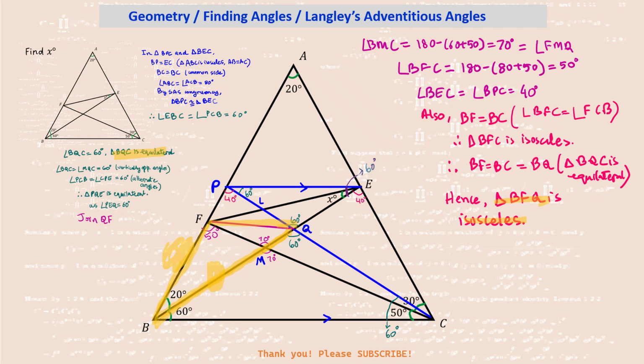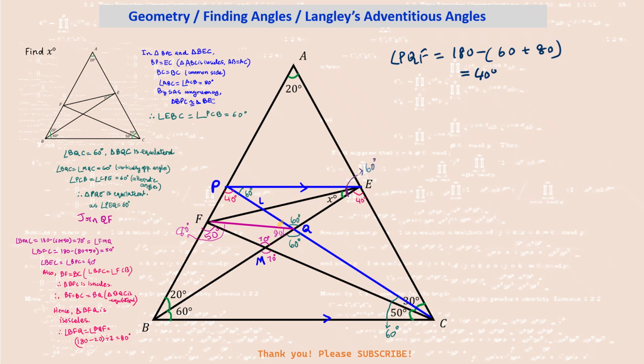If that's isosceles, we can work out this angle and this angle, with this being 20 degrees. So it is 180 minus 20 divided by 2, and that gives you 80 degrees. So BFQ and BQF are 80 degrees.